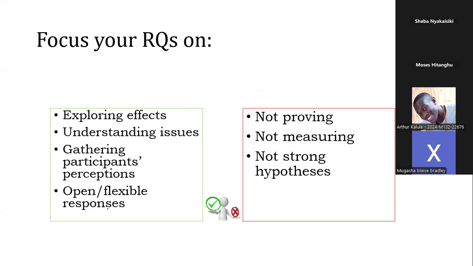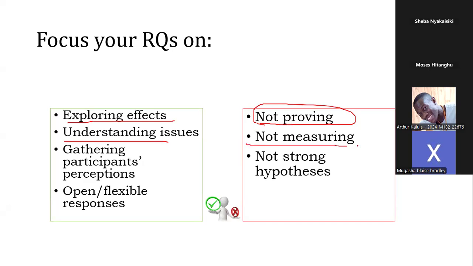There are certain things, of course, which help us know that our research question is either qualitative or quantitative. You're exploring effects. You're trying to understand what actually is there that is causing an effect. If you want to understand issues, on the qualitative side, you're not trying to prove anything.